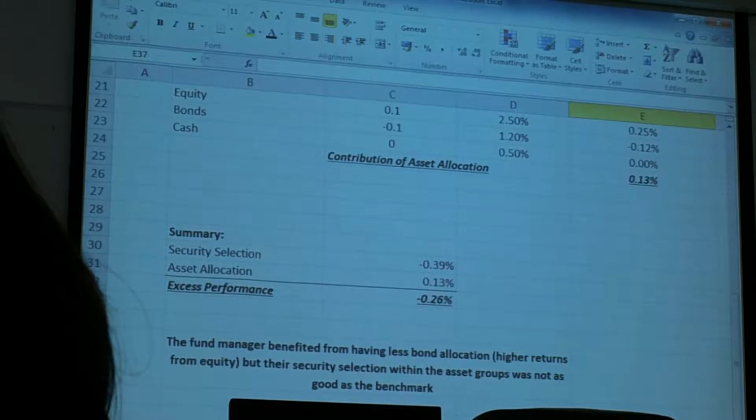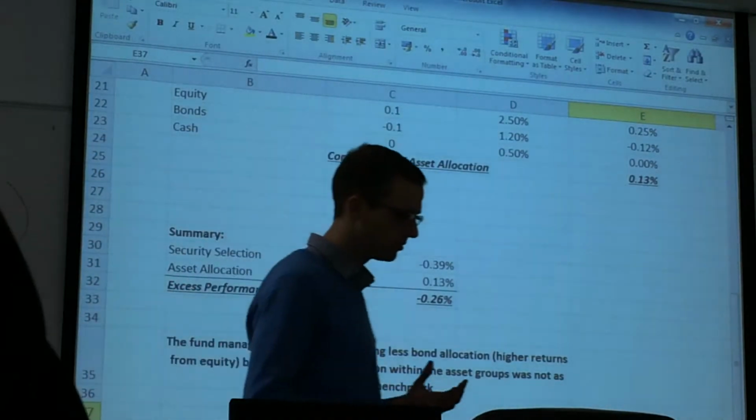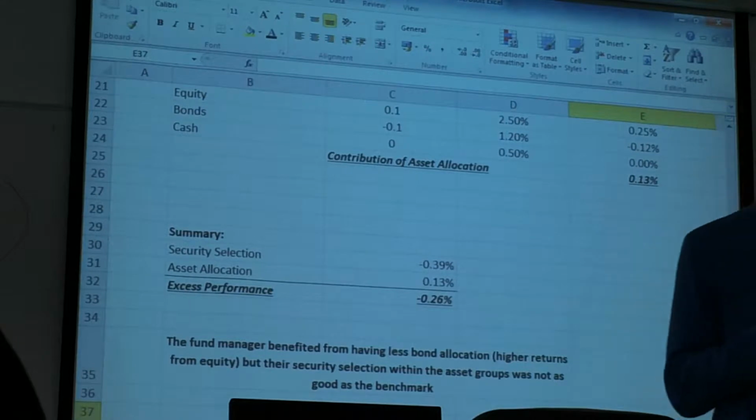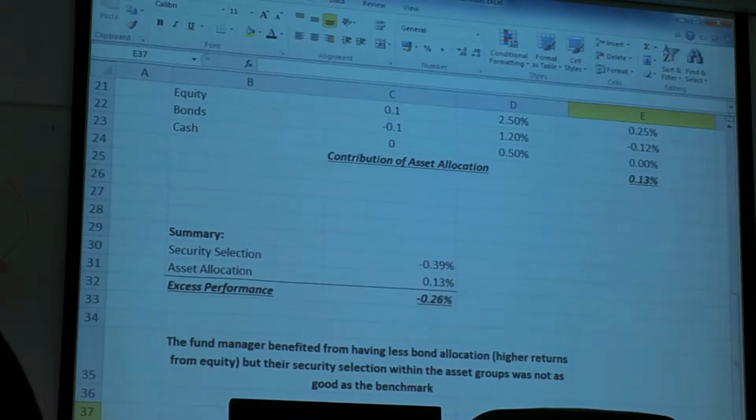Now I'm just going to have this available in front of you. I'm going to put the formulas up there. And I want you to try and do it for question 2. So for question 2, look at the industries. First of all, just look at the table that you've got in front of you and jot down some things that you're going to expect the numbers to say. Did this person do well at asset allocation? In other words, did he assign the right amount of money to different sectors?